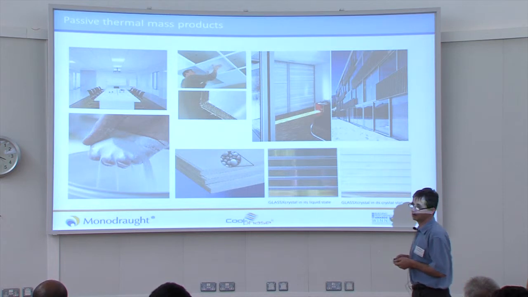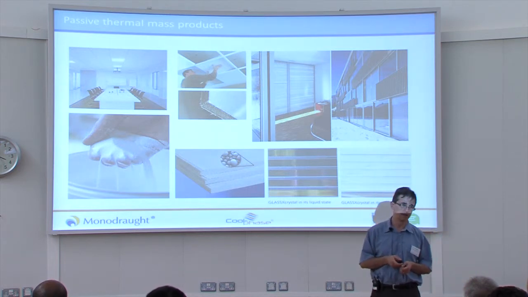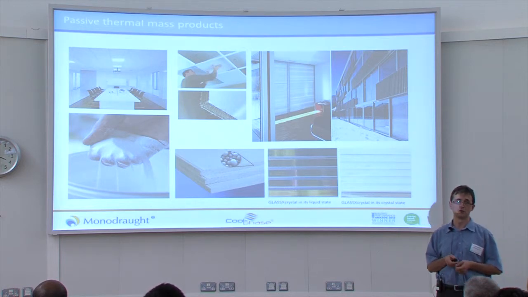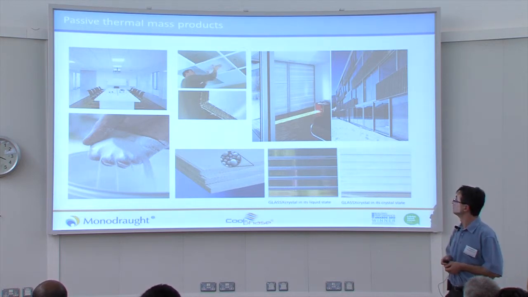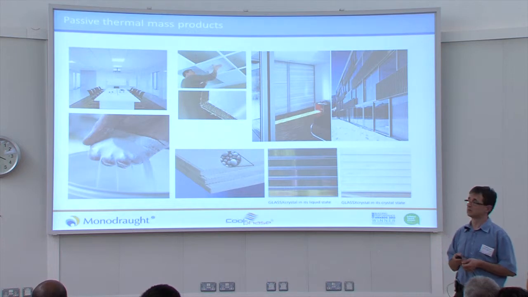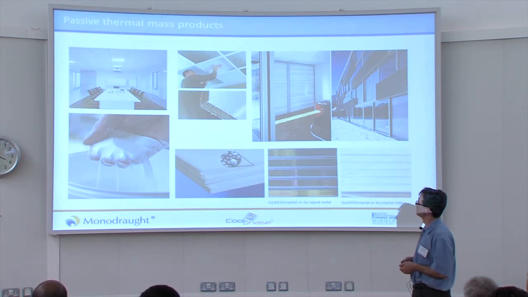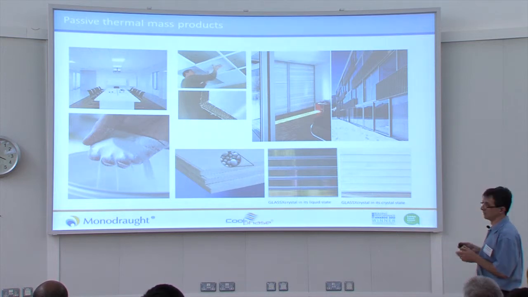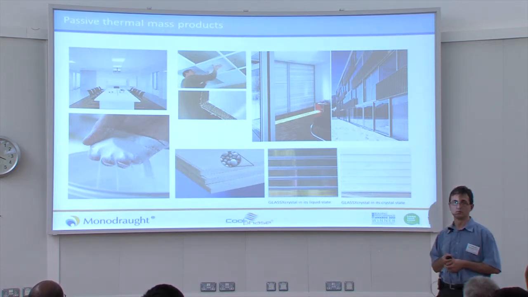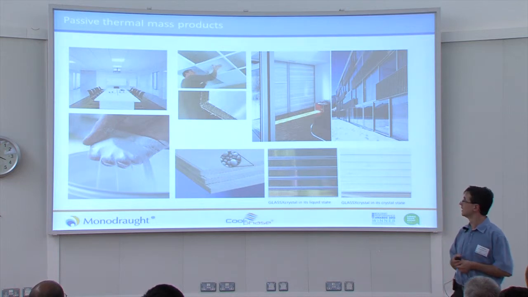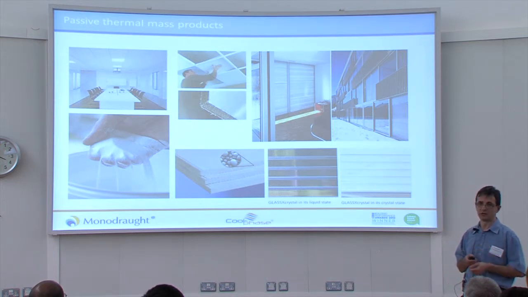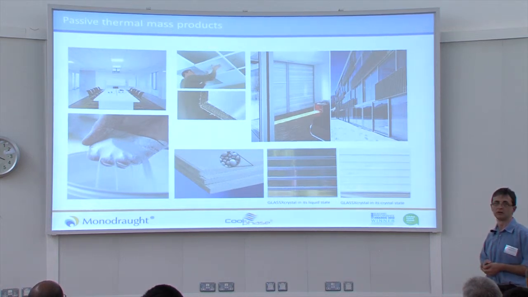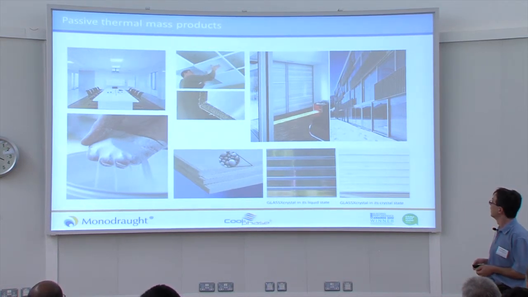Okay, so there are a couple of passive building materials which we can use indoors. This can be wall boards, ceiling panels, can even be incorporated into glass. In that case, it's very useful for absorbing the energy from the sun.